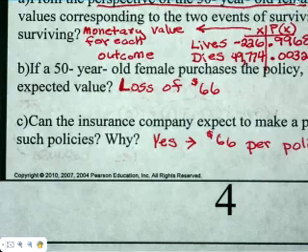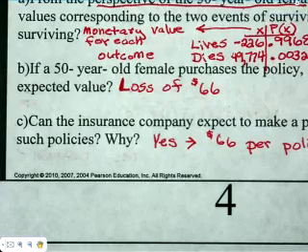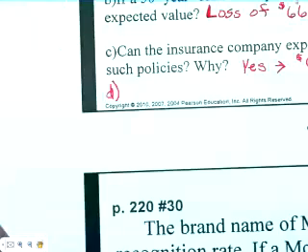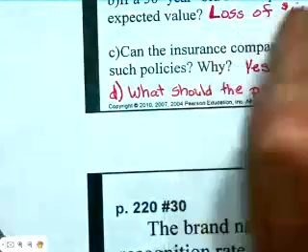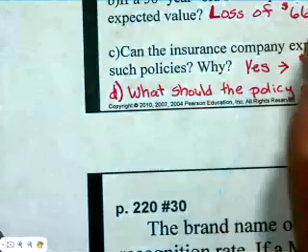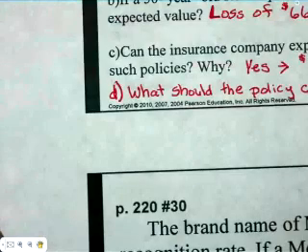All right. There's a problem like this in the homework, and it has one other part. I'll tell you what it's going to say and how you'll figure it out. It says, what should the policy cost if the company just wants to break even?